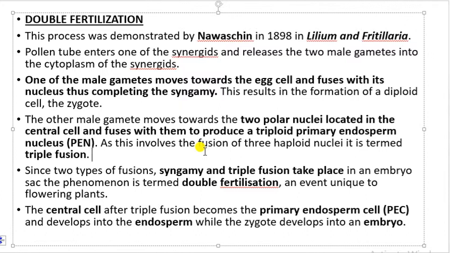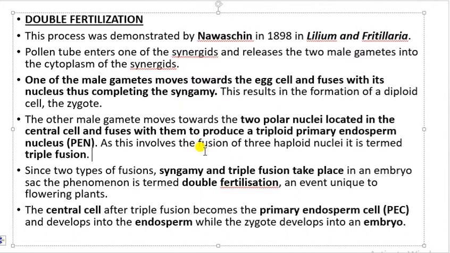Now, there are two types of fertilization taking place: first is syngamy and the second is triple fusion, both taking place in the embryo sac. This entire phenomenon is known as double fertilization, which is a unique event seen in flowering plants.